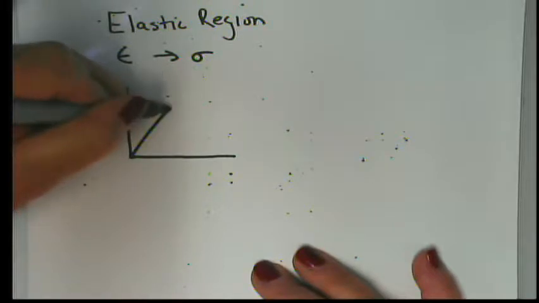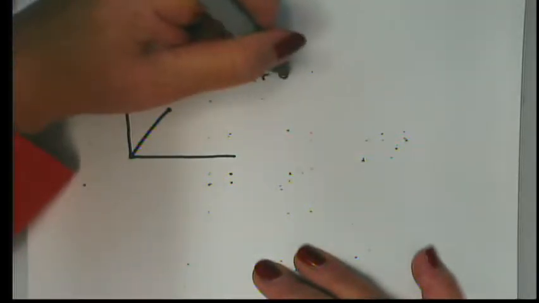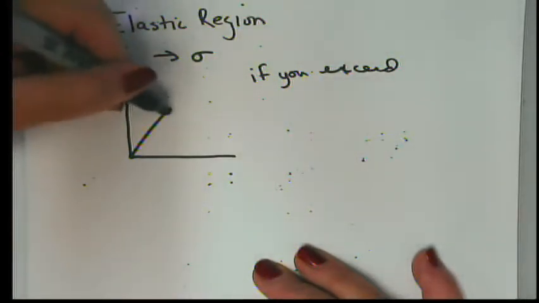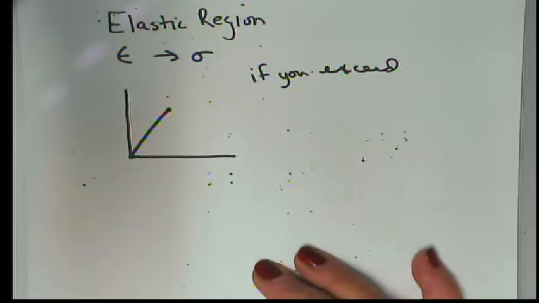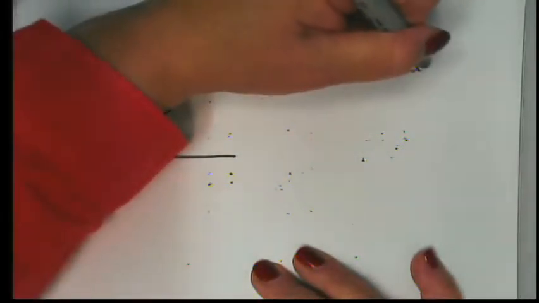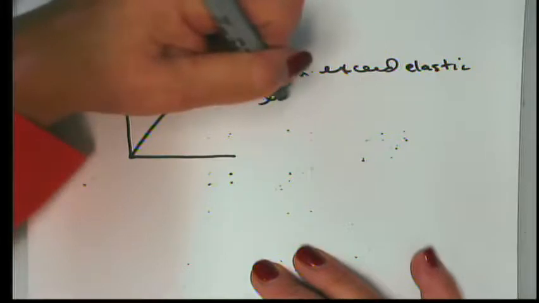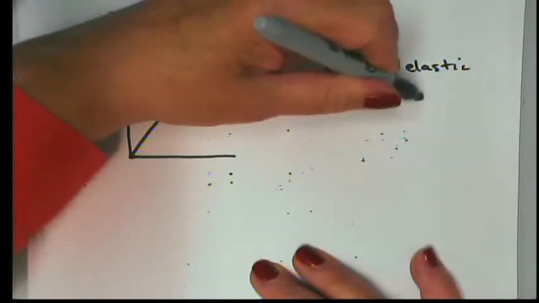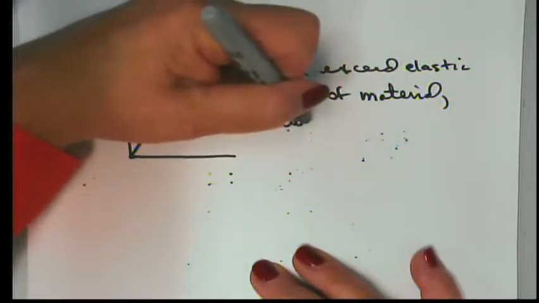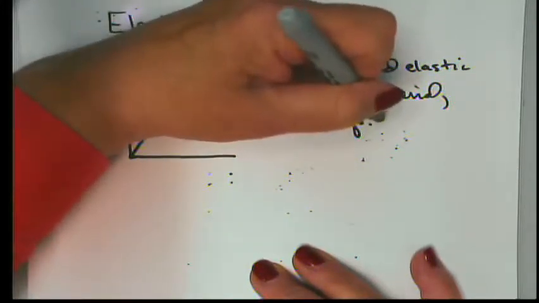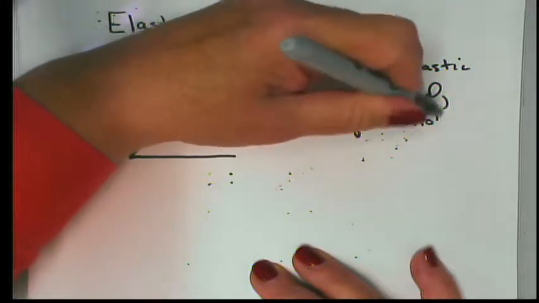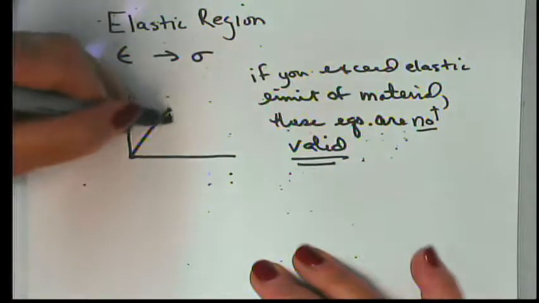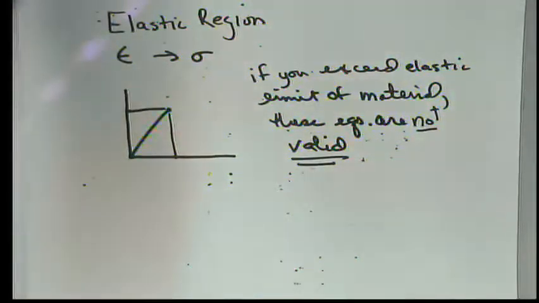Now the first part is, if you exceed this point, whether it's sigma yield or sigma rupture or whatever, the elastic limit of the material, these equations are not valid. So we are only talking about what's going on here in the elastic region. That's it.